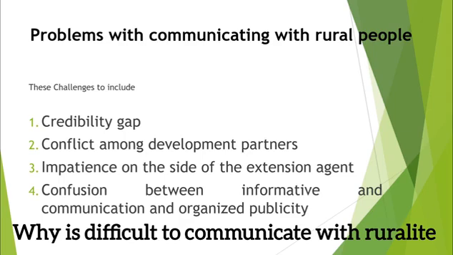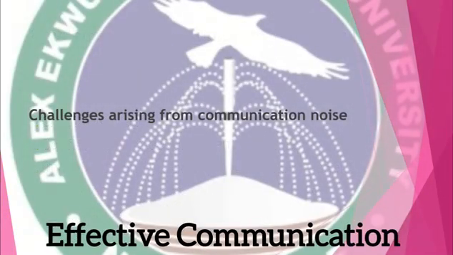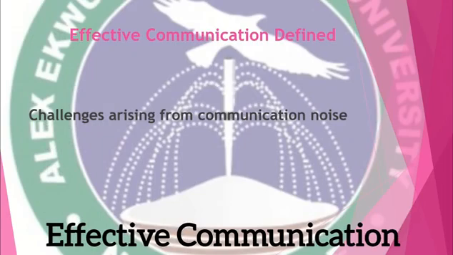And then we also need to go back again to look at the challenges arising from noise. Effective communication is important in agriculture. Now, when is communication said to be effective? Recall that earlier we defined agricultural communication as the effective transfer of agricultural technology innovation from technology developers, for example research institutes, universities, private organizations, to technology utilizers, that is the farmer.